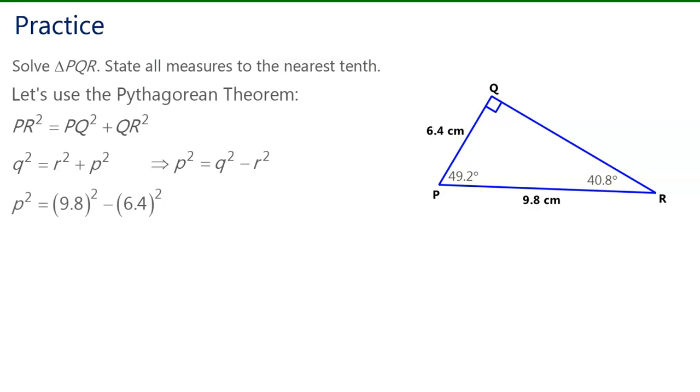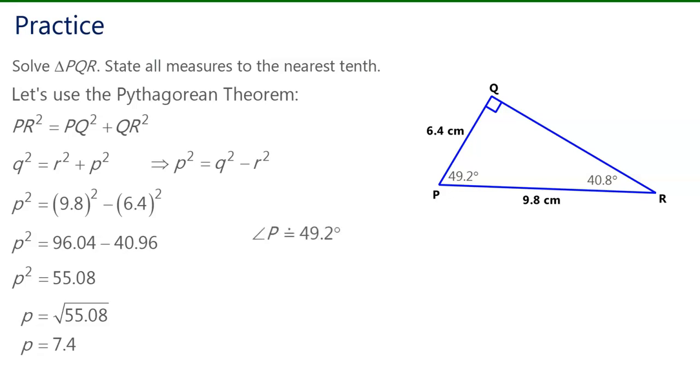We get p squared equals 9.8 squared, the hypotenuse, subtract 6.4 squared. 9.8 squared is 96.04, take away 40.96. We get p squared equals 55.08. p is the square root of 55.08, and p is approximately 7.4 to the nearest tenth.